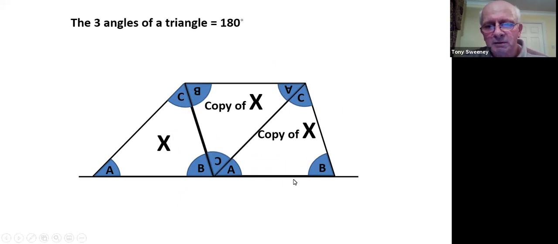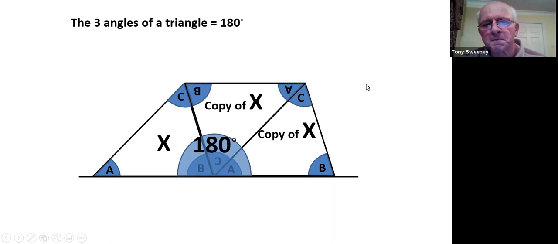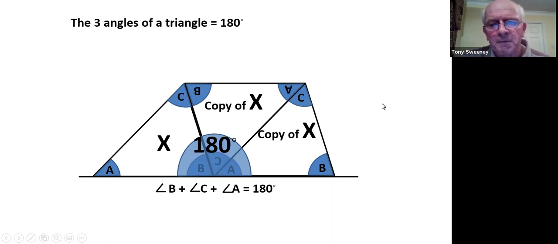So you can see the three angles together there make up 180. 180 degrees is for the straight angle. It's a visual to help students. So angle B plus angle C plus angle A is equal to 180.